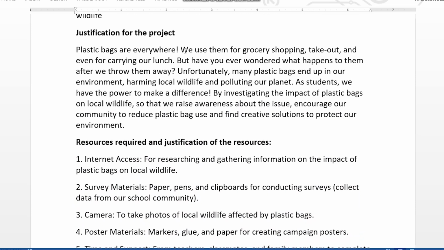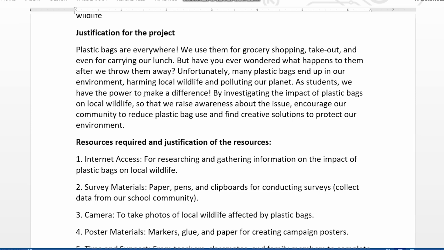Plastic bags are everywhere. We use them for grocery shopping, takeout, and even carrying our lunch. But have you ever wondered what happens to them after we throw them away? Unfortunately, many plastic bags end up in our environment, harming local wildlife and polluting our planet.